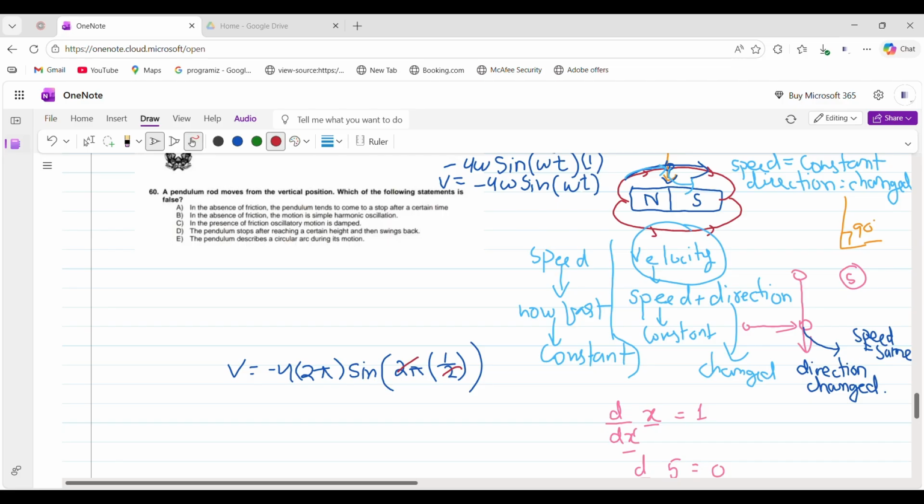Okay, now simplify it. 2 cancelled with this 2, minus 4 2s are minus 8 pi sine function we have now, pi into 1 is pi. So this pi you already know is basically 180 degrees. Okay, sine, instead of pi write 180 degrees, and sine at 180 degrees is 0.